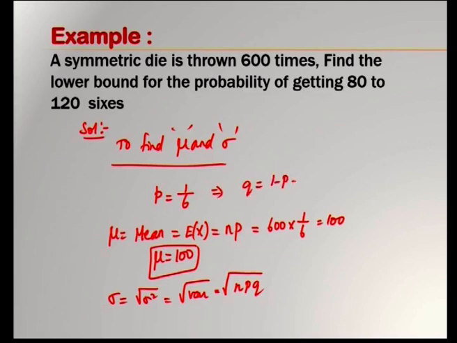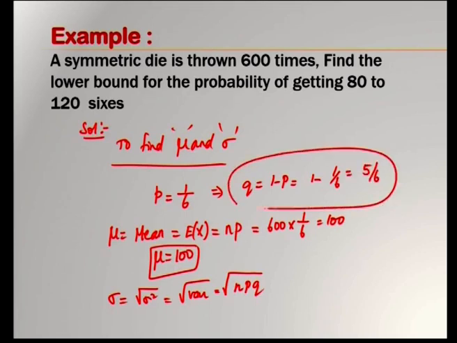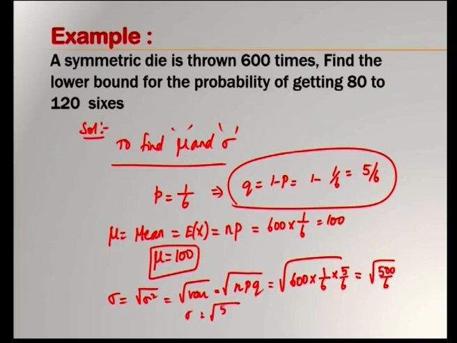Q is 1 minus P, which is 1 minus 1 by 6 is equal to 5 by 6. Using this value, root of 600 into 1 by 6 into 5 by 6 is equal to root of 500 by 6. This is the sigma value.